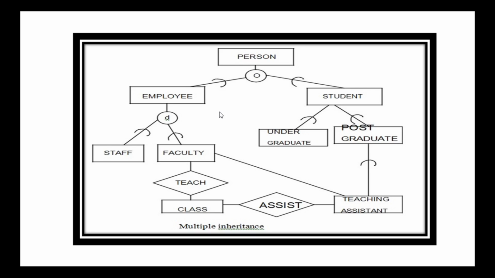Why? Because the teaching assistant is a subtype entity which derives the properties from the postgraduate entity supertype and also the faculty entity supertype. And the teaching assistant also has a relationship with the class, because the faculty and also postgraduate students can take up the classes for students.